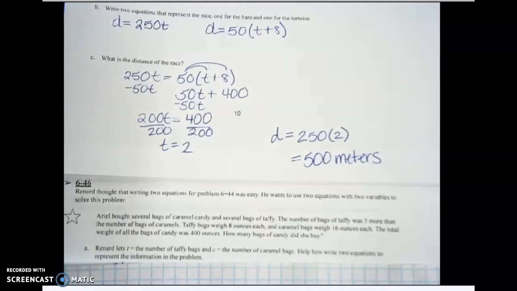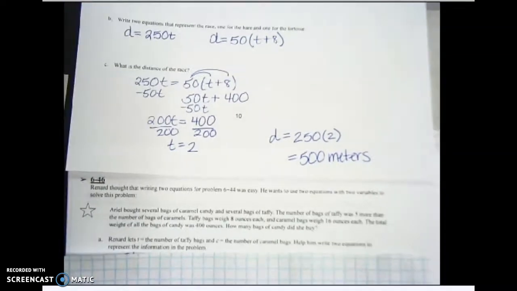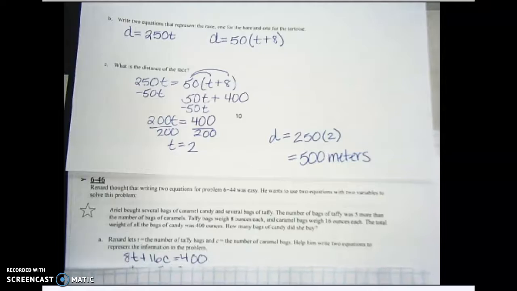Taffy bags weigh 8 ounces each, and caramel bags weigh 16 ounces each. The total weight of the bags of candy was 400 ounces. How many bags of candy did she buy? Reynard lets T be the number of bags of taffy and C equal the number of caramel bags. Help him write 2 equations that represent the information.